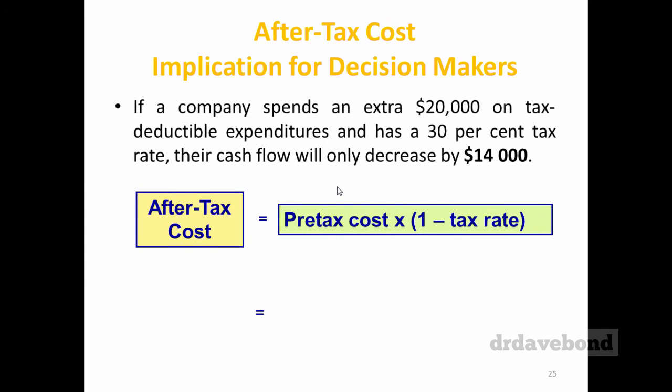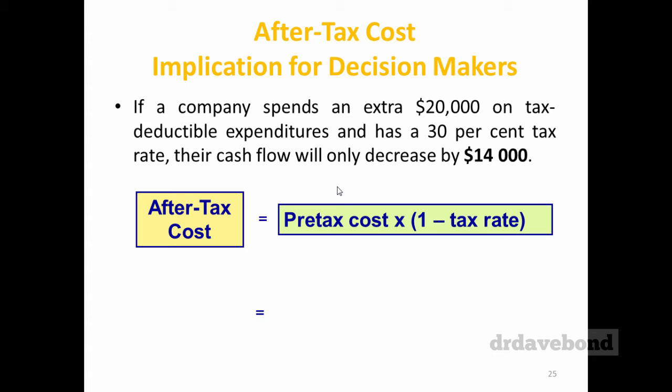But if you've got a company, and they spend $20,000 on something, and we're not dealing with capital gains or any sort of accelerated depreciation issues, we're just dealing with a bog standard income tax deduction, that $20,000 with a 30% tax rate means you're going to pay $20,000 for something now, but you will get a tax deduction, and that will lead to you paying $6,000 less tax.